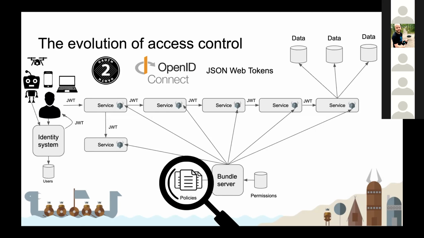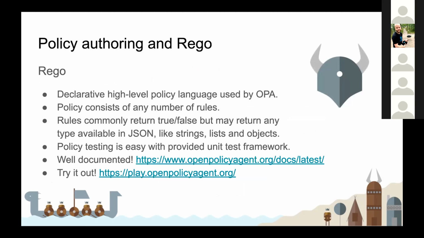Policies, and that's where the fun is, are written in this language called Rego. It's a declarative high-level language, so it's kind of like SQL. You describe what you want rather than exactly how to do it. And a policy is pretty much a number of rules. So you just say, based on this or that rule, I will either allow or deny this request.